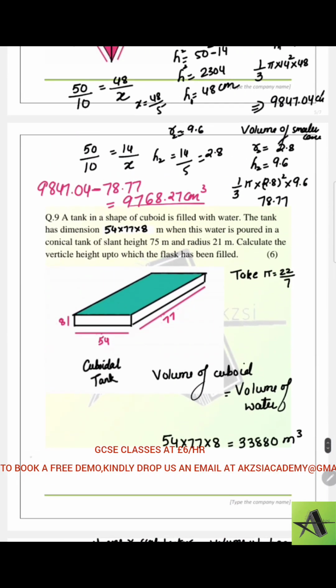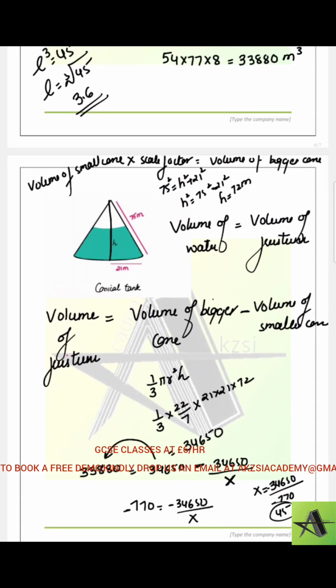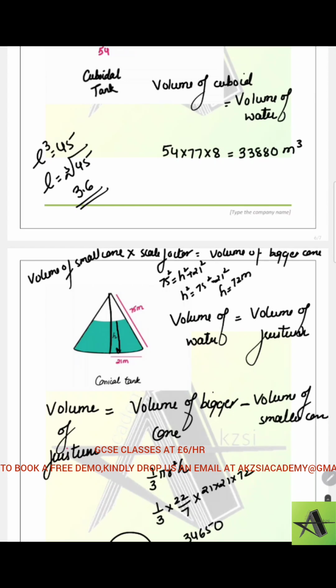We got that the volume scale factor is 45. We know the volume scale factor is L cubed. This is 45, so the length scale factor is the cube root of 45. I'm taking this approximately as 3.6. You'll get a decimal, I've just approximated. So 3.6 would be my length scale factor. We know the actual height is 72, and we have to calculate this height, the height of the smaller cone, by dividing by the scale factor.